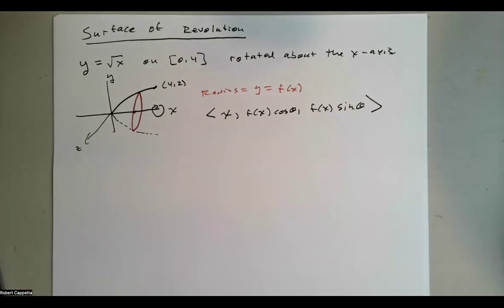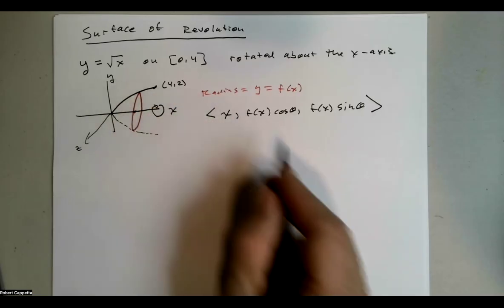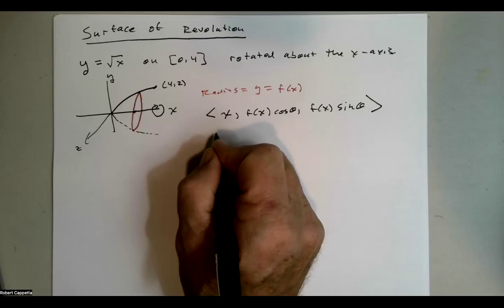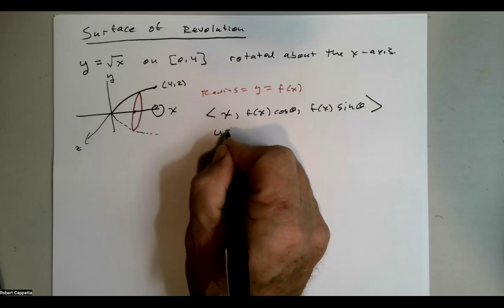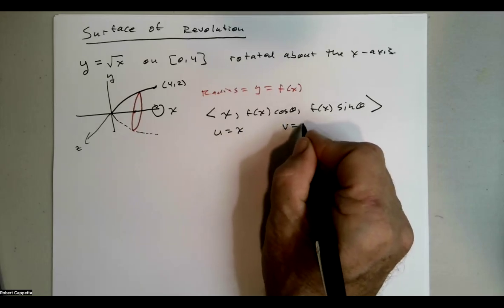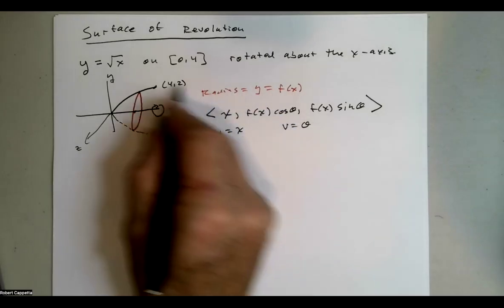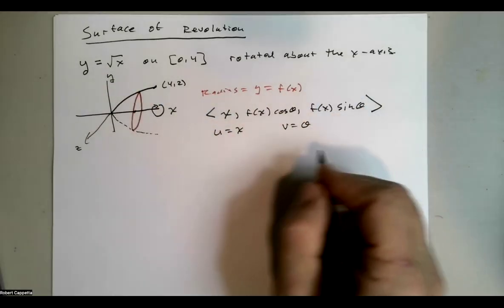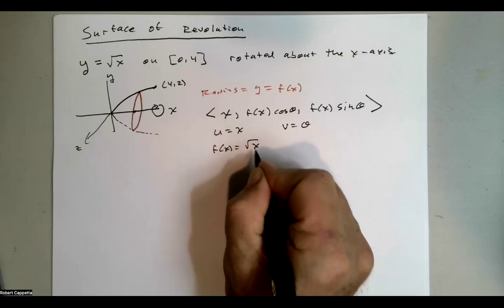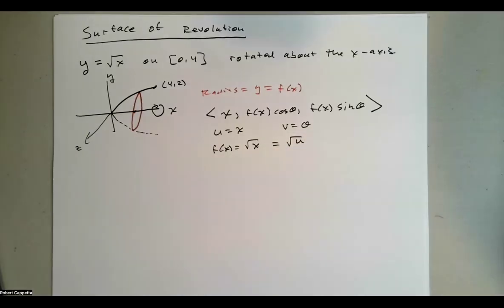Well, let's go ahead and let x equal u and let theta equal v. So if x is u and v is theta, what would f of x be? Remember we said f of x is the square root of x here. So in my example, f of x is the square root of x, which would be the same thing as the square root of u.